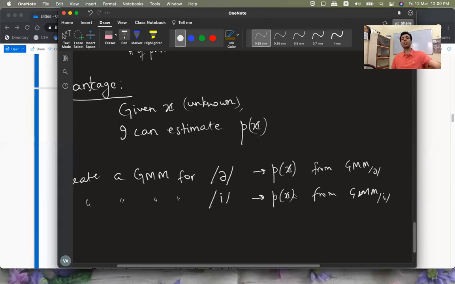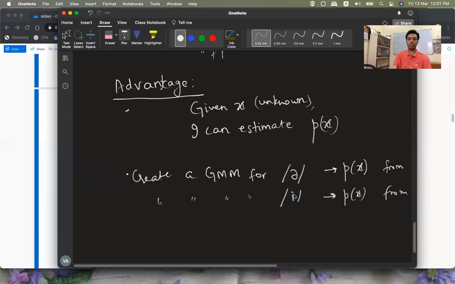So in this way, a GMM can be used for classification.